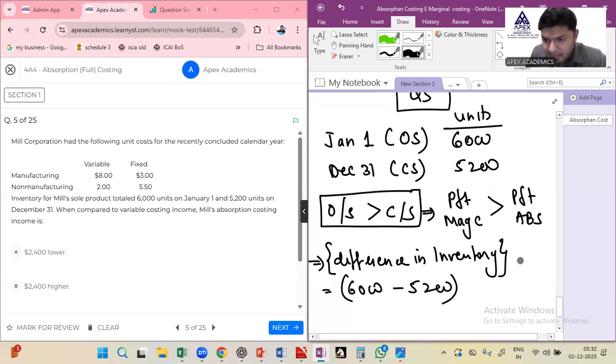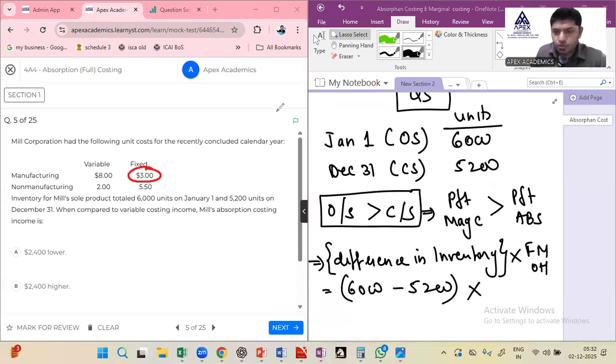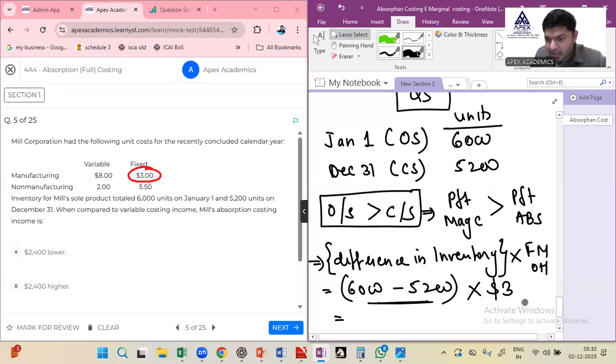And I multiply this by the fixed manufacturing overheads. How much are my fixed manufacturing overheads in this question? They are $3. So I just write down over here $3. So this is going to be 800 multiplied by 3, which is $2,400. Where is the profit higher? The profit is higher under marginal costing.